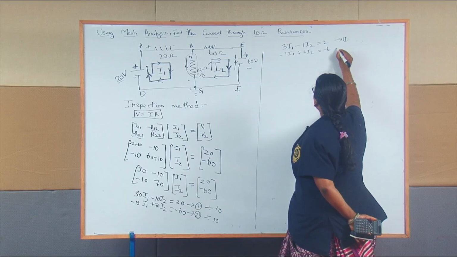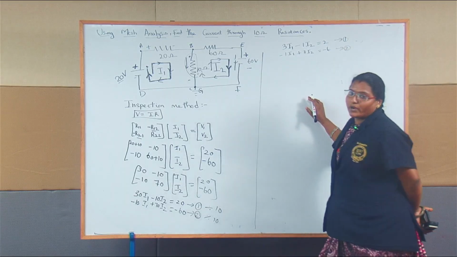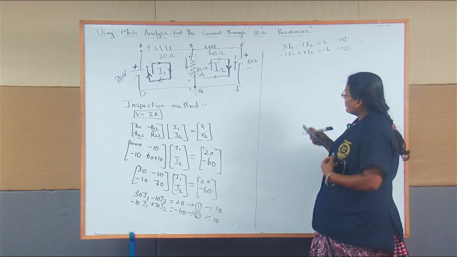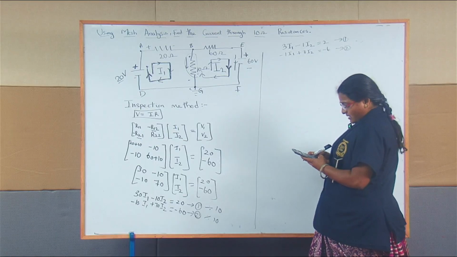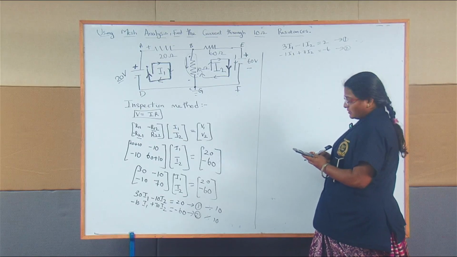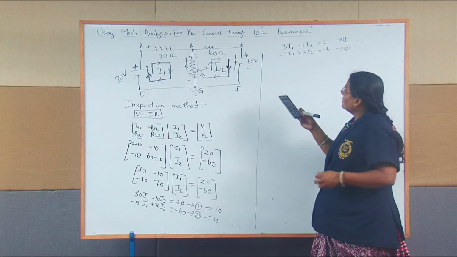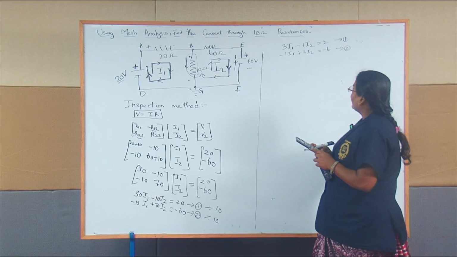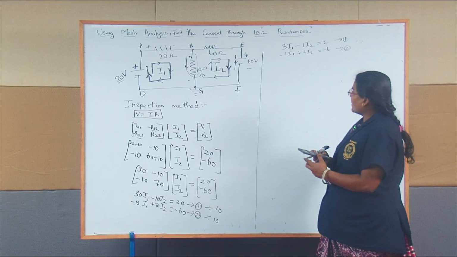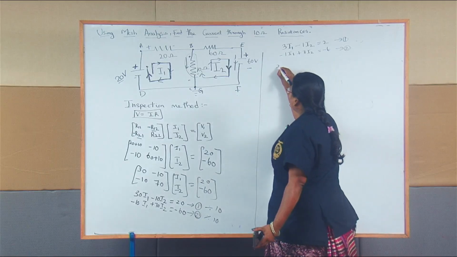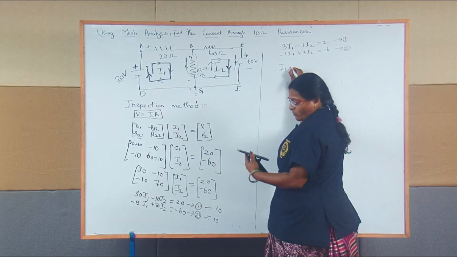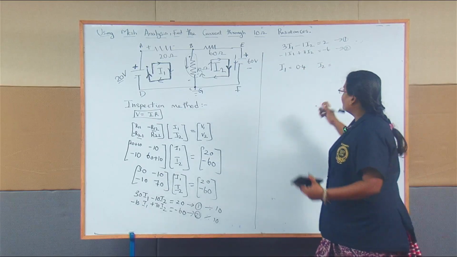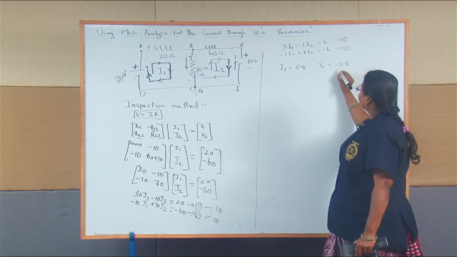This is your equation 1, equation 2. You get the same equations as in the previous method also. Using your calculator, once again just check it. A1 is 3, B1 is minus 1, C1 is 2, then A2 is minus 1, B2 is 7, then C2 is minus 6. Your X value, that is I1, is 0.4, and I2 value is minus 0.8.